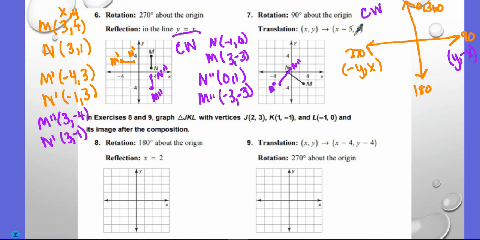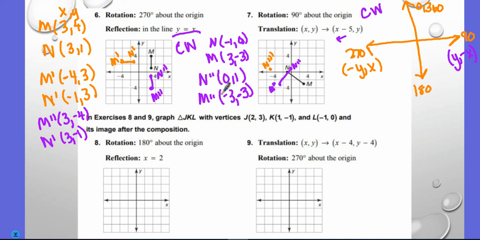Now it's telling me to do the translation next. It's just telling me to move to the left 5, and the y does nothing. Alright, so we're just going to move to the left 5, then 1, 2, 3, 4. Well, I'm already here. That's there. That's my N. Oh, I'm calling these double primes.